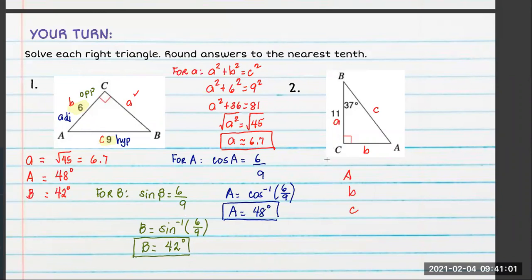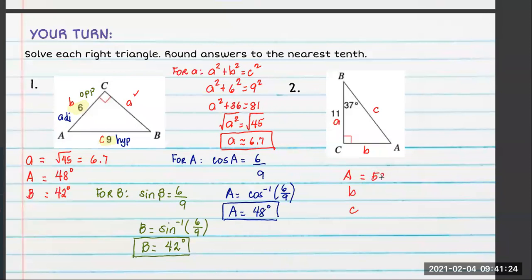All right, so number 2. Let's look at number 2. What did you get for angle A? Everybody should be able to get this. What did you get for angle A? 53.